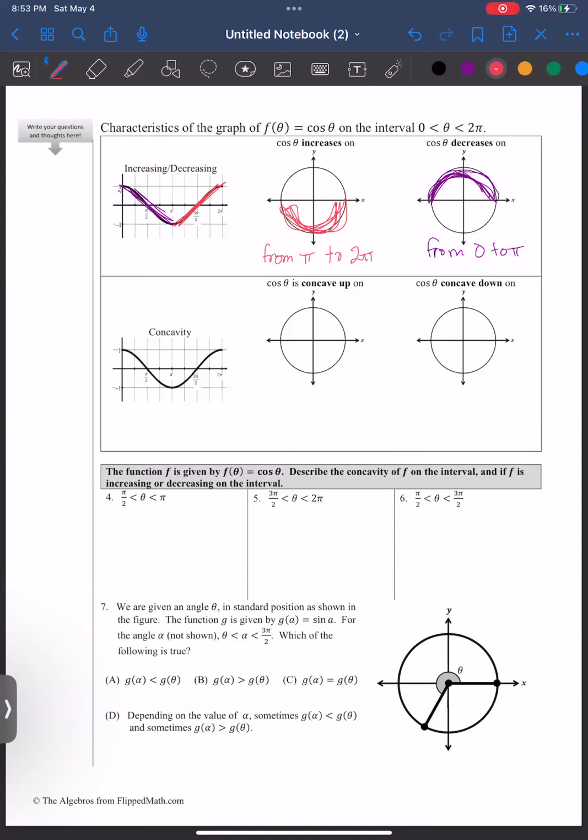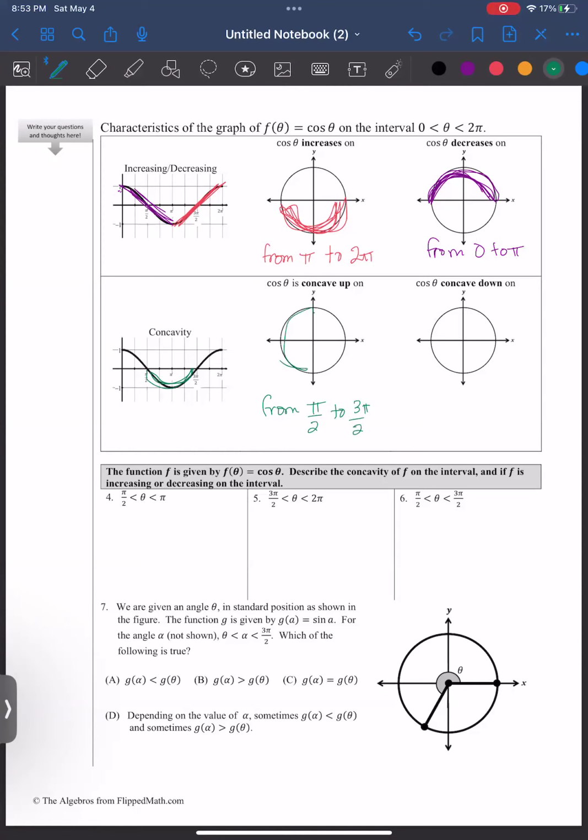So now we'll see here in this other one, my graph is concave up. Well, it's concave up from pi over 2 to 3 pi over 2.